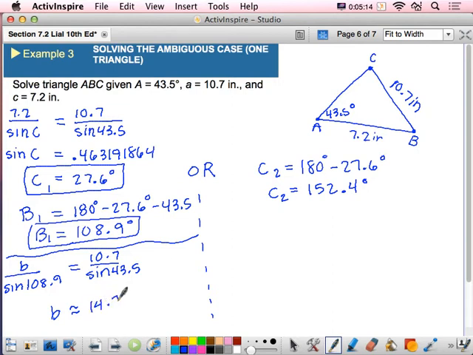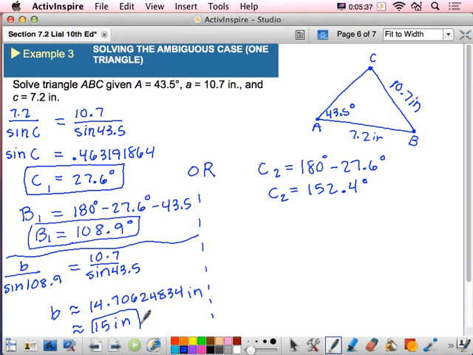And those are going to be in inches, and it looks like we really only have how many significant digits here? I think it's 2, right? Yeah, we only have 2, so about 15 inches. All right, so that completes triangle 1. Do you guys understand that?